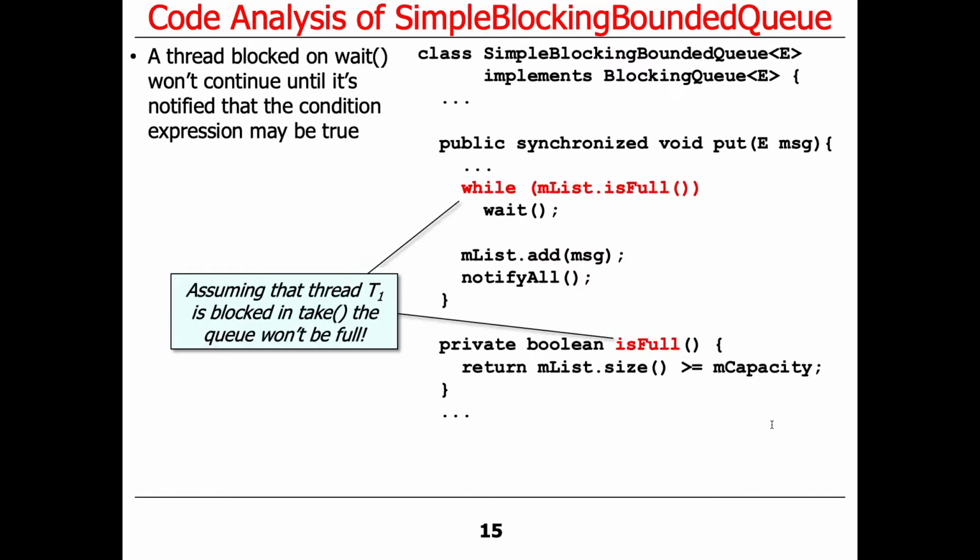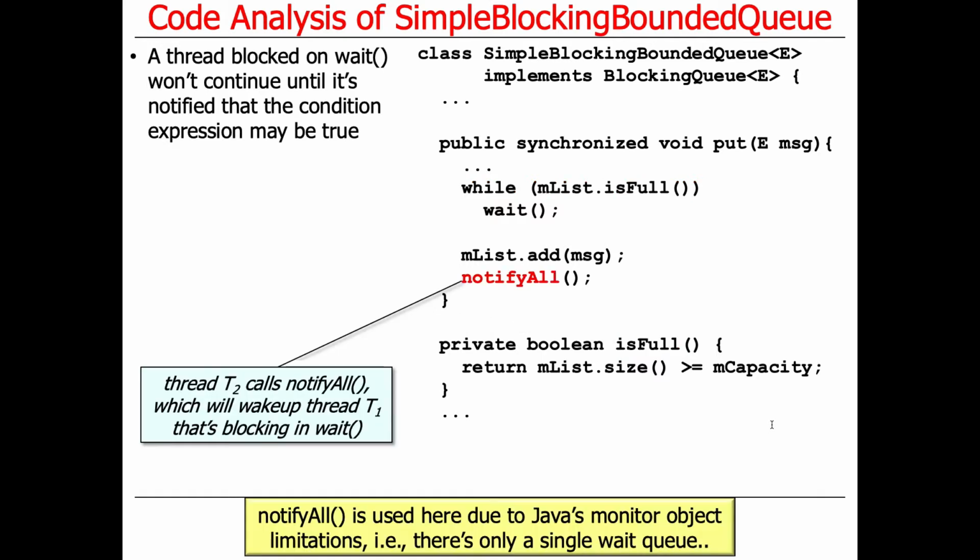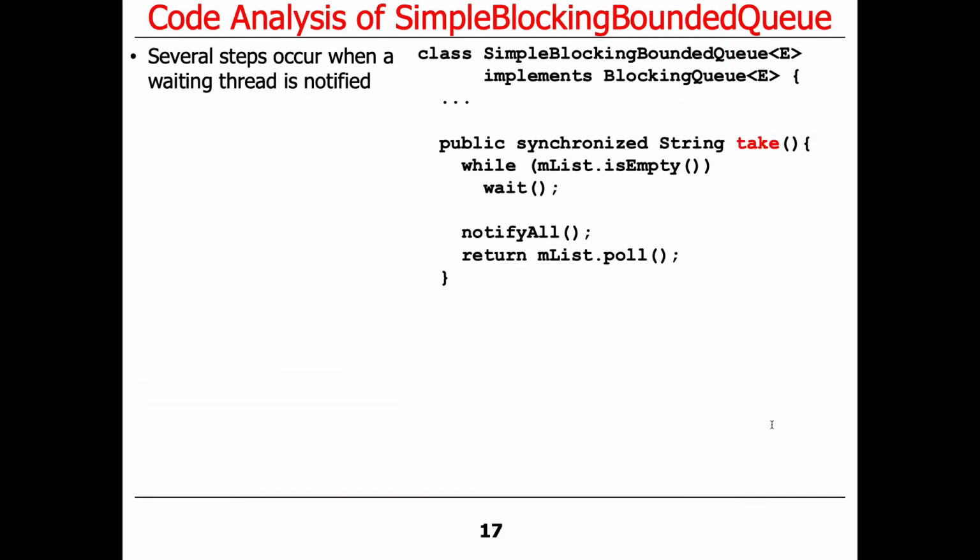And as you can see here, this guy is going to check to see whether or not it's full. And so this particular check is going to check to see if we're full. This actually should be while is full, not mList is full. And then notify is called by put to wake everybody up. Again, that's because we have this crazy single wait queue problem with built-in monitor objects.